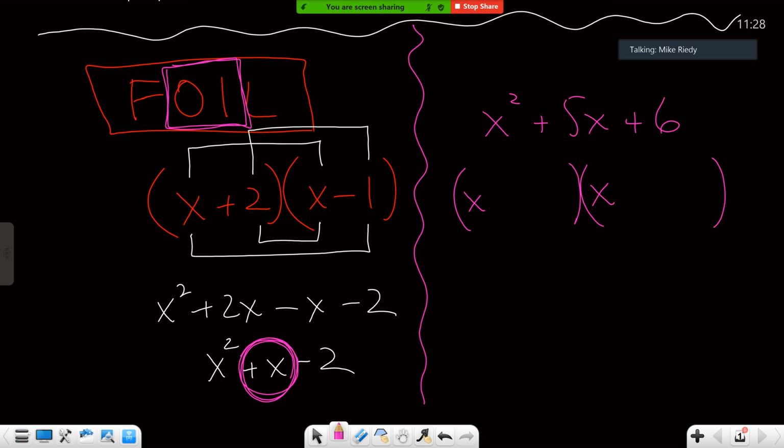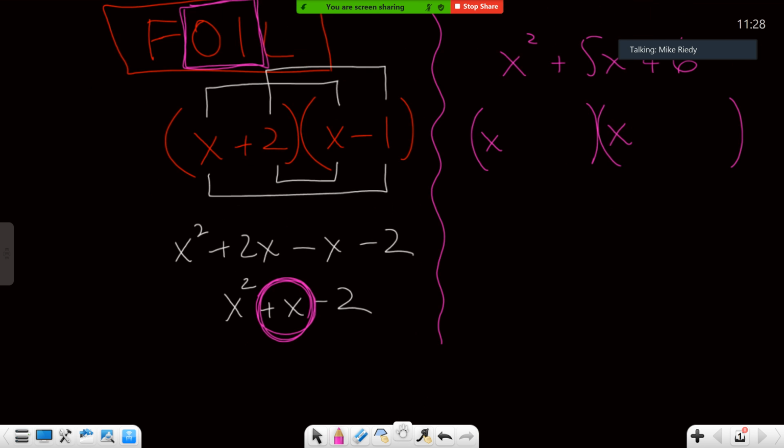For those of you that are new or struggle with this, you can do a varying degree of involvement here. For instance, you could list all the factors of 6: 1 and 6, 2 and 3, -1 and -6, -2 and -3. And then see which of those work for you. That is one technique that I've seen people learn.